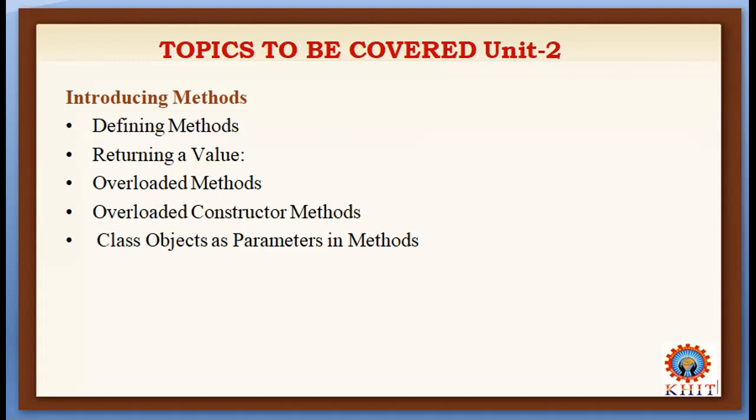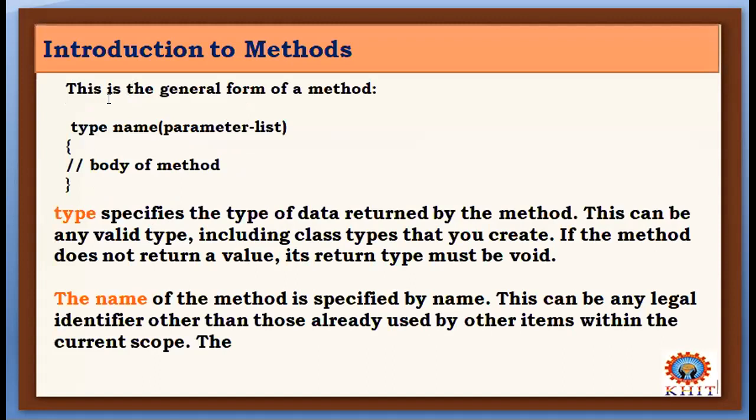So let's move on to the first topic, that is how to introduce a method. The general form of a method: what is generally a method? I told you that a method is a particular task which does a specific thing.